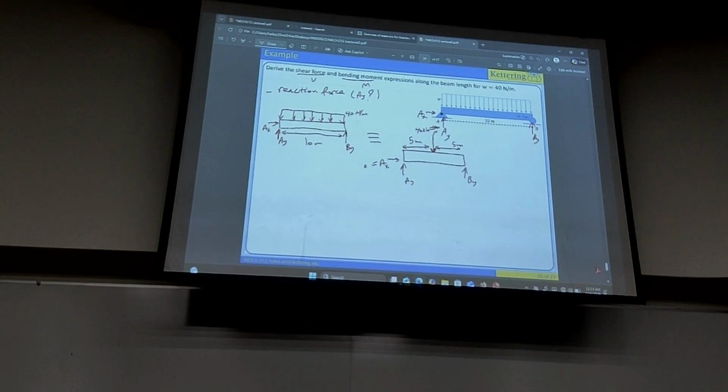But what is the statics procedure that we've done? If you're interested in AY, you're not interested in BY, take moment about B. So minus AY times 10 plus 400 times 5, again this is repeated, plus BY times 0 equals 0. So AY gets 200 as expected.